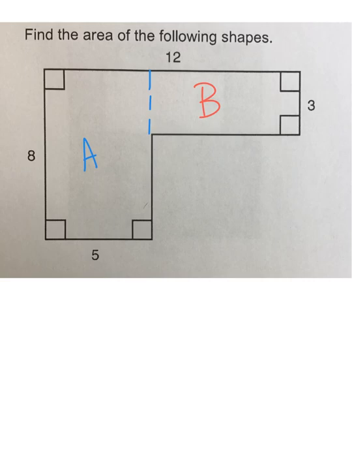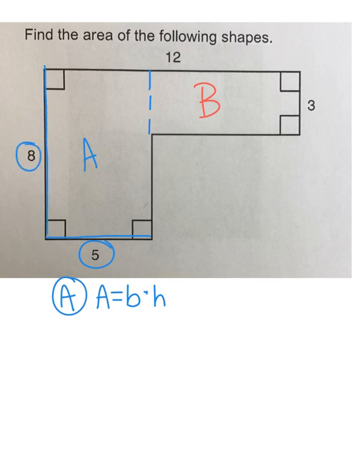So let's look at our rectangle A to start. So we know our area for a rectangle, the formula is area equals base times height. Okay, so for this rectangle, we can see that our base is going to be 5, and our height is 8.